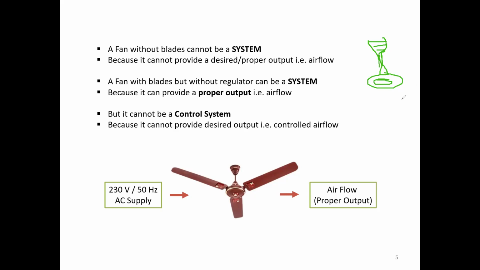It would rotate, but you will not get the airflow. So as a result, it is not a system because you are not getting anything. Yes, the main thing is rotating, but it does not provide the airflow. So a fan without blades cannot be a system.